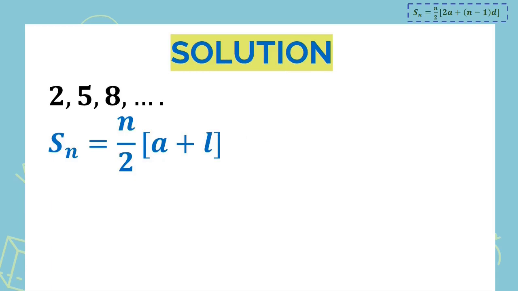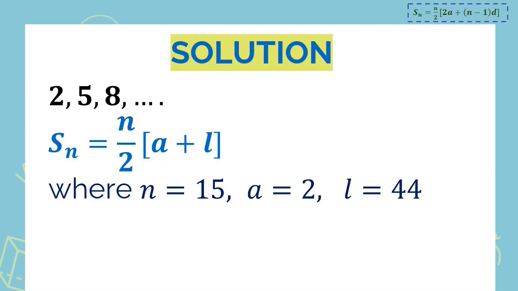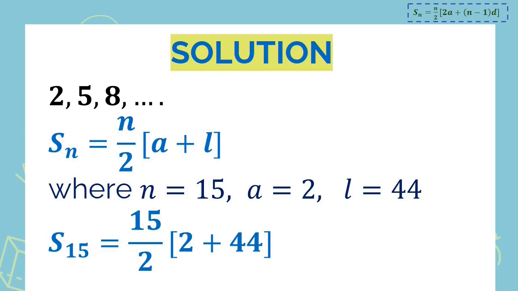Now we can find the sum of the first 15 terms in the linear sequence, since the last term is known. And so n is 15, that is the first 15 terms. A is the first term, which is 2, and the last term is now known to be 44. So when we substitute, the sum of the first 15 terms is given by 15 over 2, all multiplied by 2 plus 44.